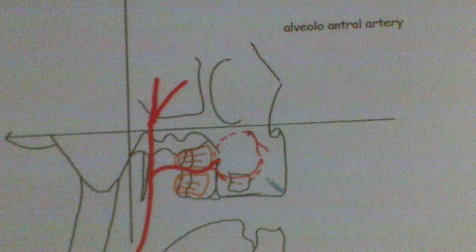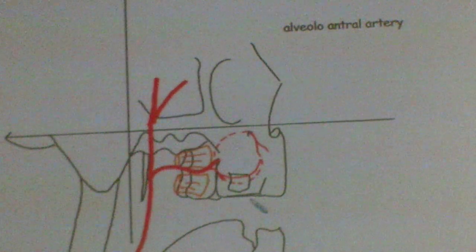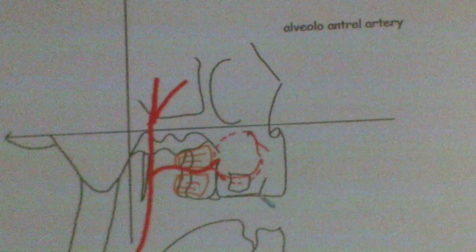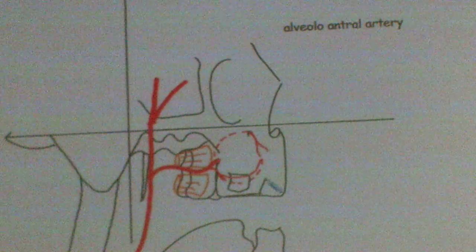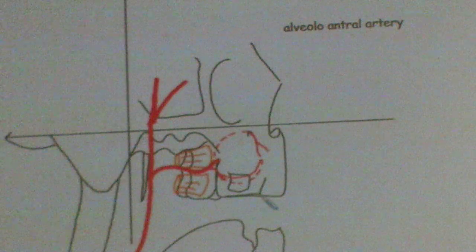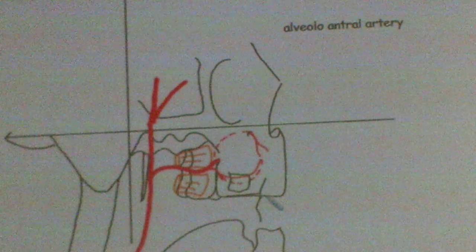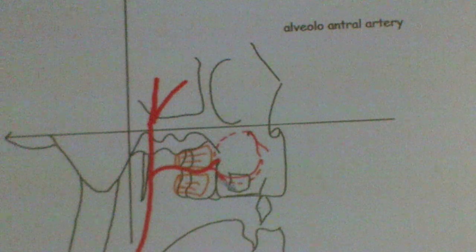And we will show the superior and posterior alveolar artery, which is coming inside the maxilla this way.